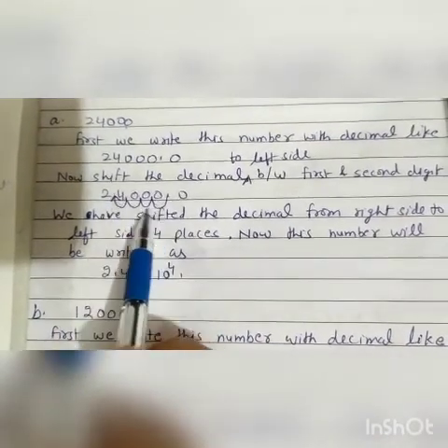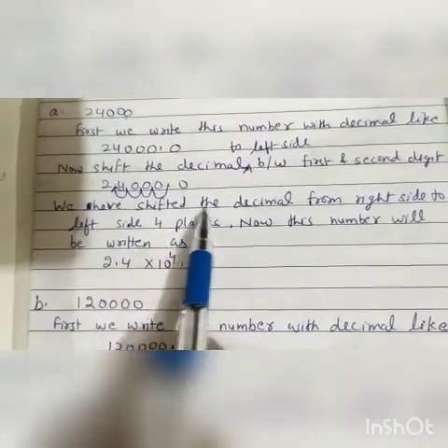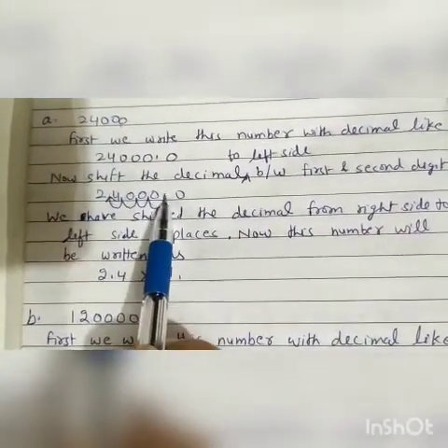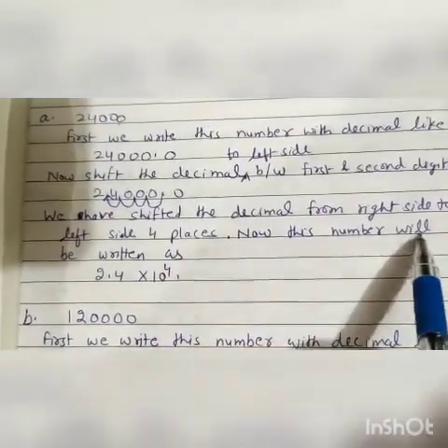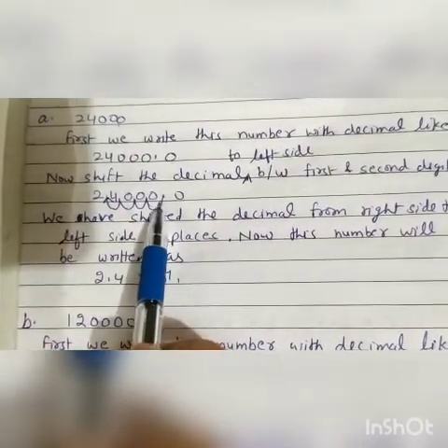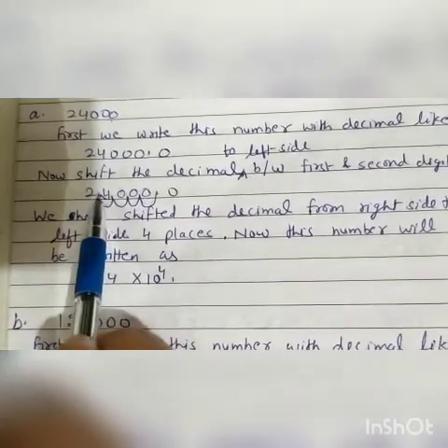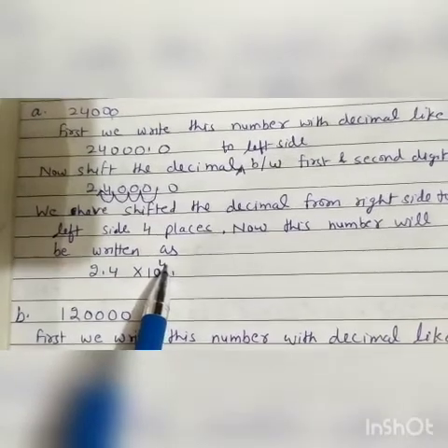How many places have we shifted it here? 4 places. We have shifted the decimal from right side to the left side, 4 places. Now this number will be written as 2.4. How many places have we shifted this decimal? 1, 2, 3, 4. So it will become 2.4 into 10 power 4.